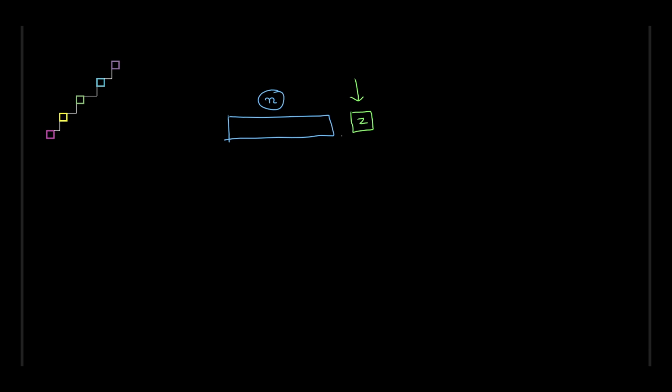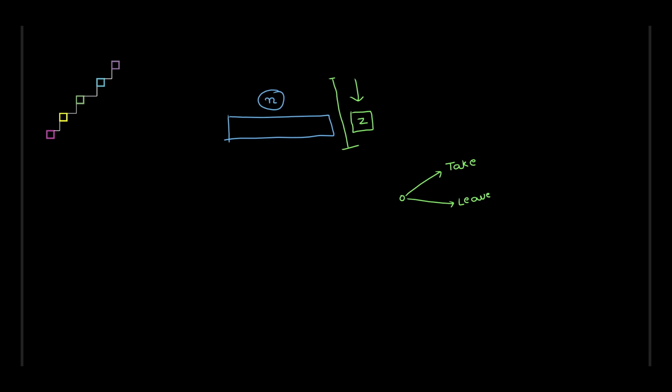Now, there are two choices. In your final subsequence, either this element will be part of your subsequence or it will not. You can either take this element or leave it.